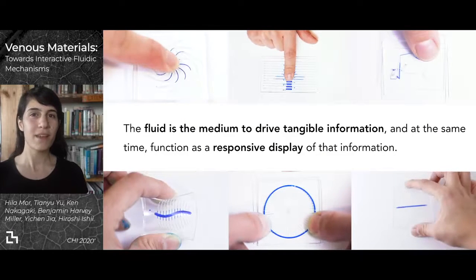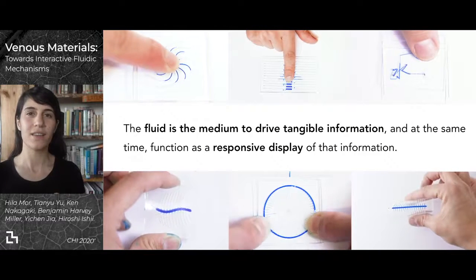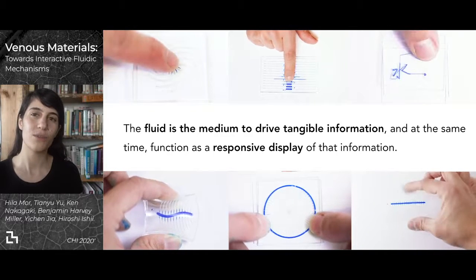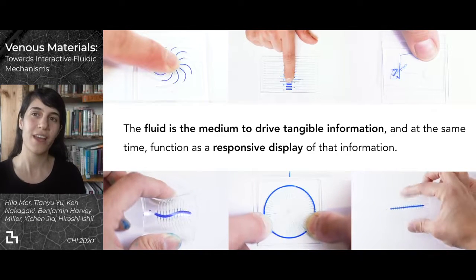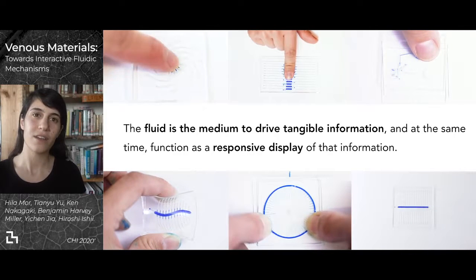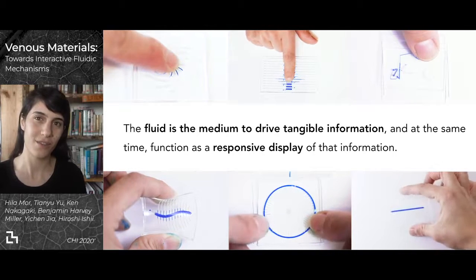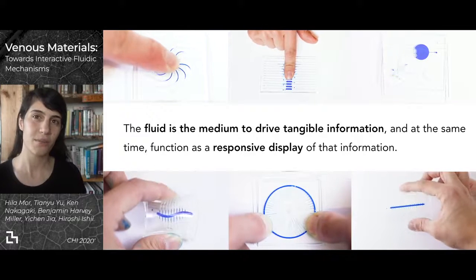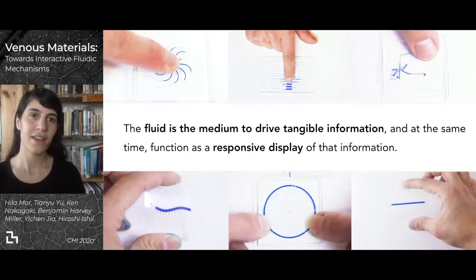So the main message of Venous Materials is this new perspective of the fluid as a medium to drive tangible information, and at the same time function as a responsive display of this information. And we think this is a really important paradigm in HCI.